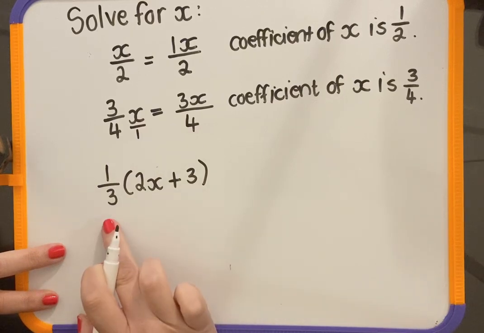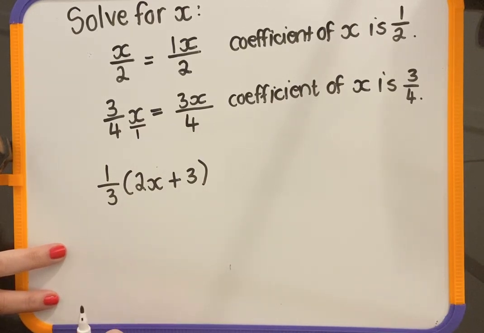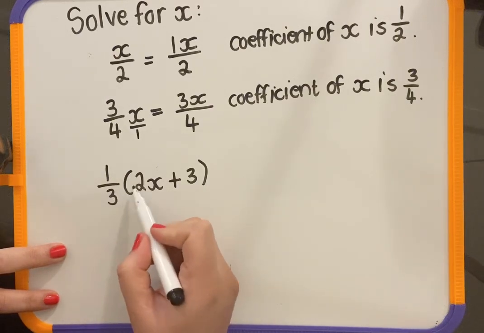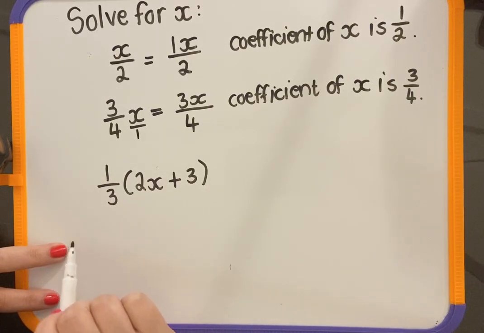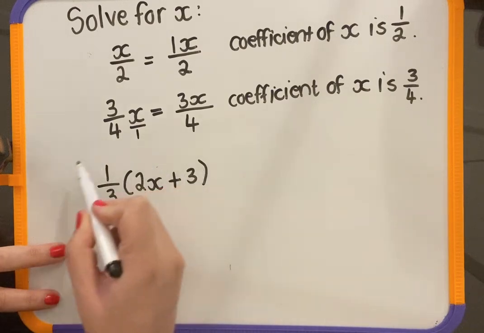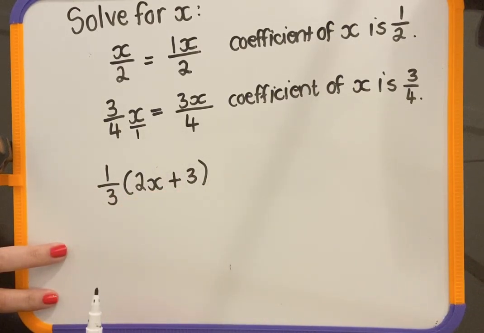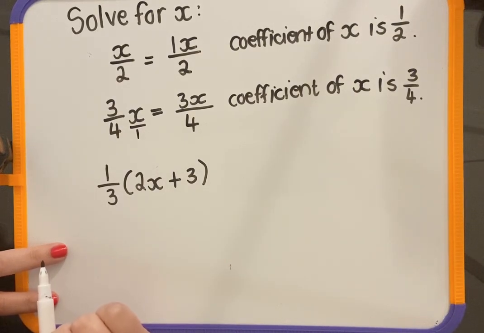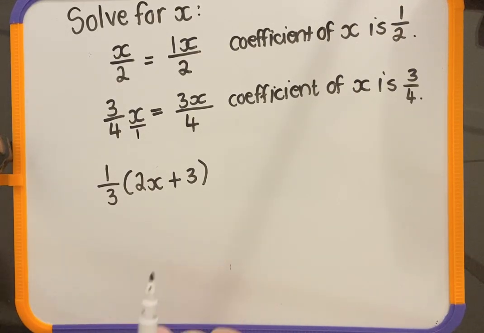What would happen if I have a fraction next to a bracket? Just remember, a fraction next to a bracket, when there is no plus or minus sign separating the fraction from the bracket, tells me that this is one whole term. And this third is multiplied by 2x plus 3. So remember, the 2x plus 3, what is it over?